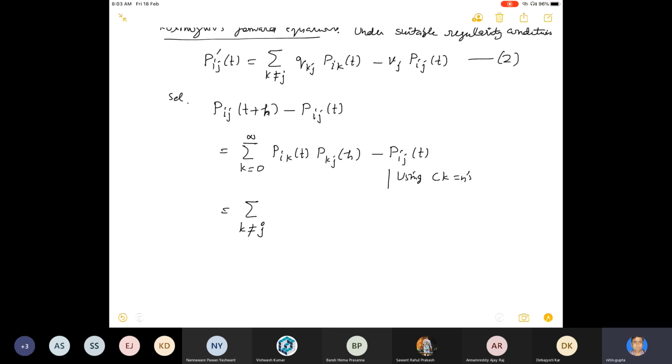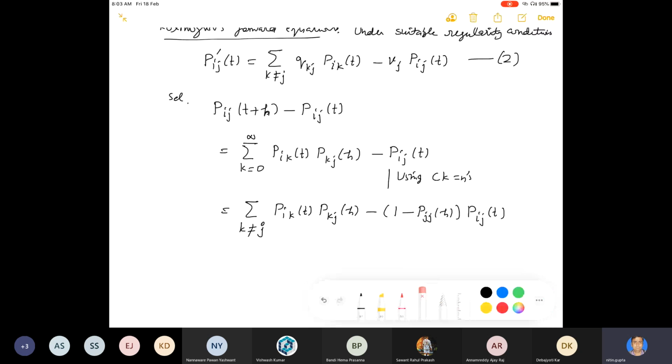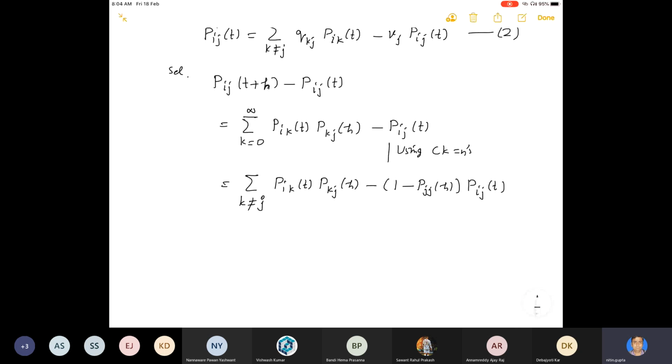The jth term from here is Pij h. We can take Pjj h Pij t. So this is the term we are getting. We take out the jth term from one, and put it in the other.